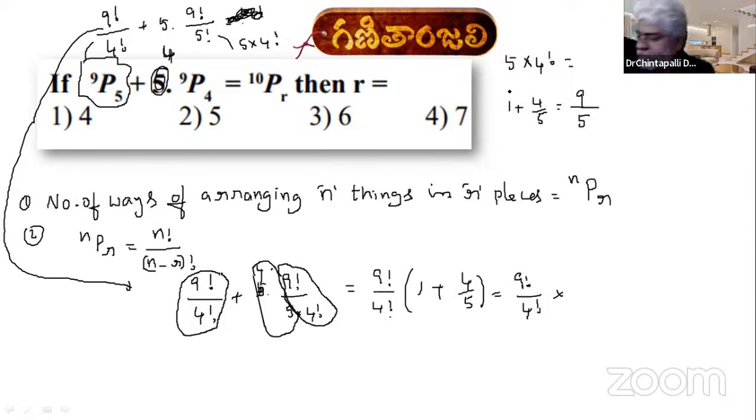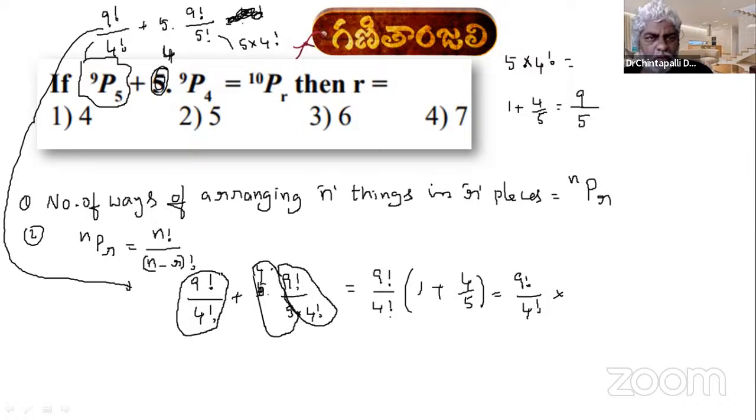Let me check it. nP5 plus 5 into nP4, r is equal to 5.